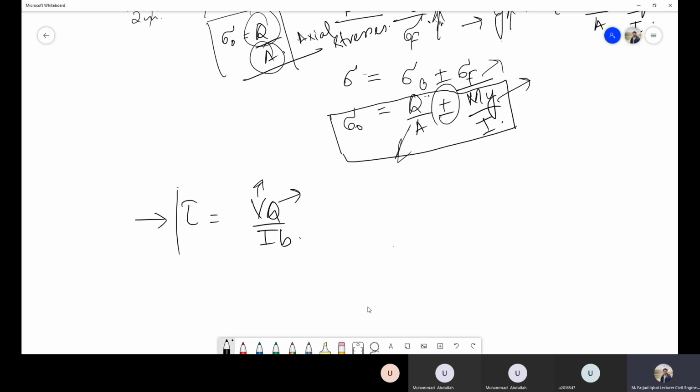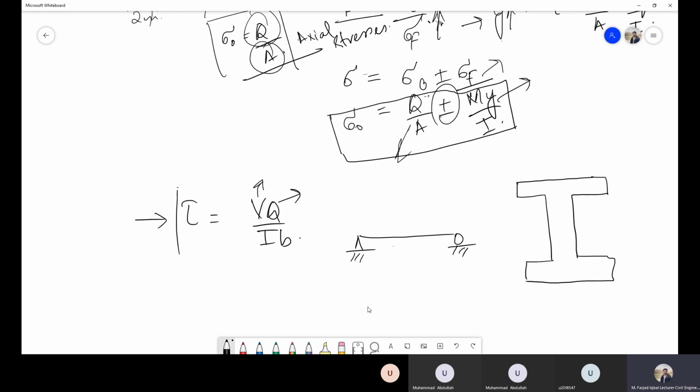So let me just briefly tell you. For example, if this is the cross section, let's suppose I have this beam and I want to calculate the shear stresses. Previously, we were studying the normal stresses, which are normal to the cross section, but these shear stresses are not normal.